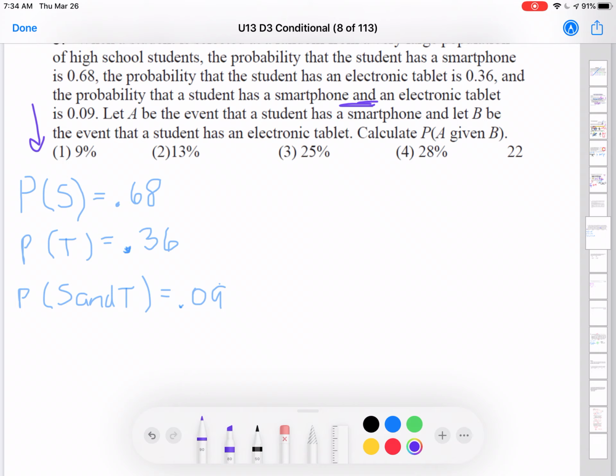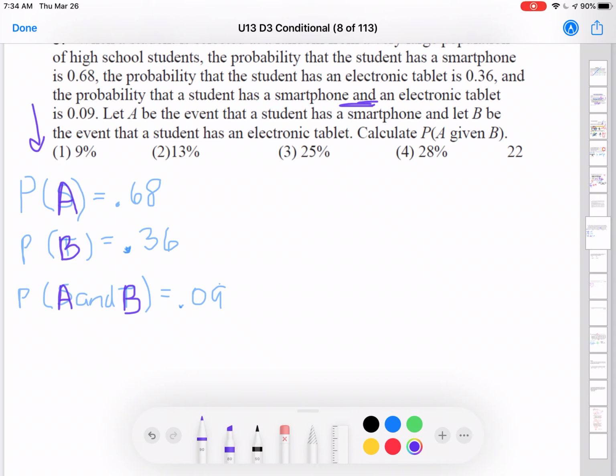Now they're saying let A be the event that the student has a smartphone, so you could change this over to A. Let B be the tablet. You'd like to start out using the letters, but you can switch over since they said to do this.